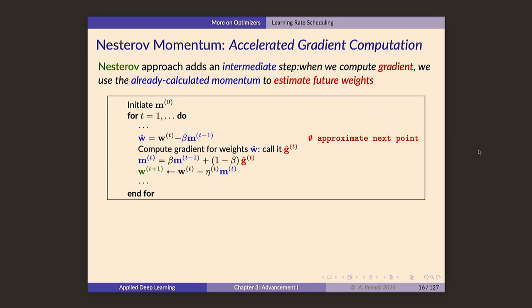Exactly, because what you think is that, okay, I am at this point, w t, and I want to get to the next point, w t plus 1. If I am doing gradient descent and I take a very long step, a very large learning rate, then I have the chance of diverging, so I should keep it small. But given that I know the direction I'm going to move is my previous momentum plus some gradient g t, instead of starting at this point, I'm going to start at this other point and compute the gradient here.